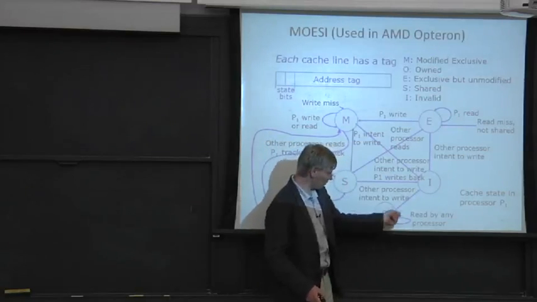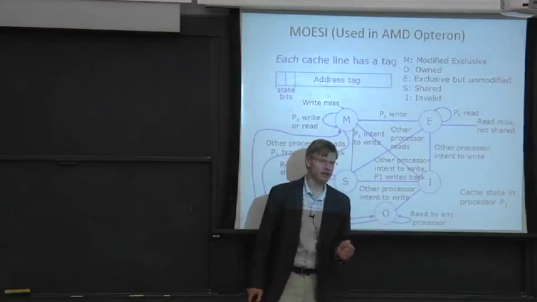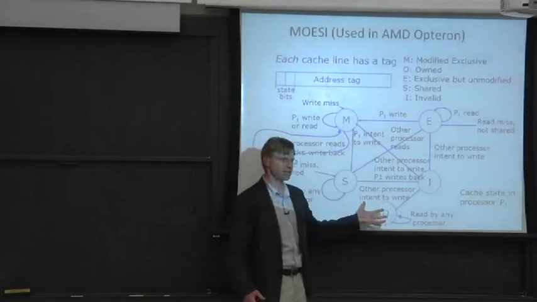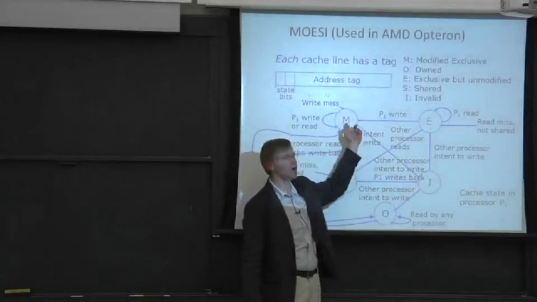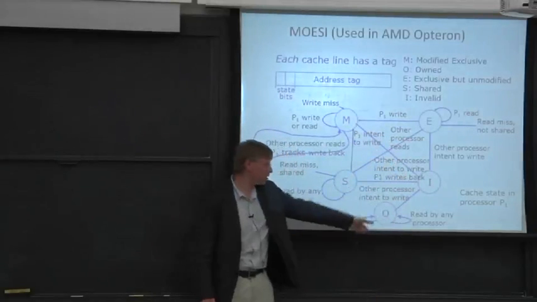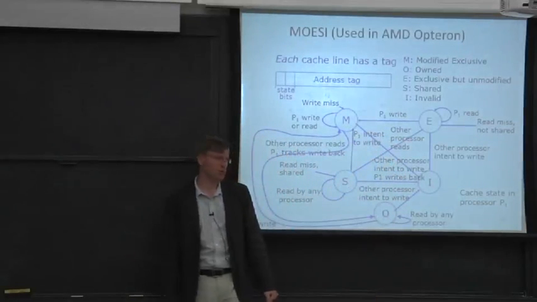OK, so we have this arc here, which we sort of already talked about: if you're in the owned state, anyone else can get read-only shared copies of it. They can't go get an exclusive copy, because that would violate this notion, because then they would be able to upgrade to modified without telling anybody, and we don't want that. But they can get shared read-only copies of the data.